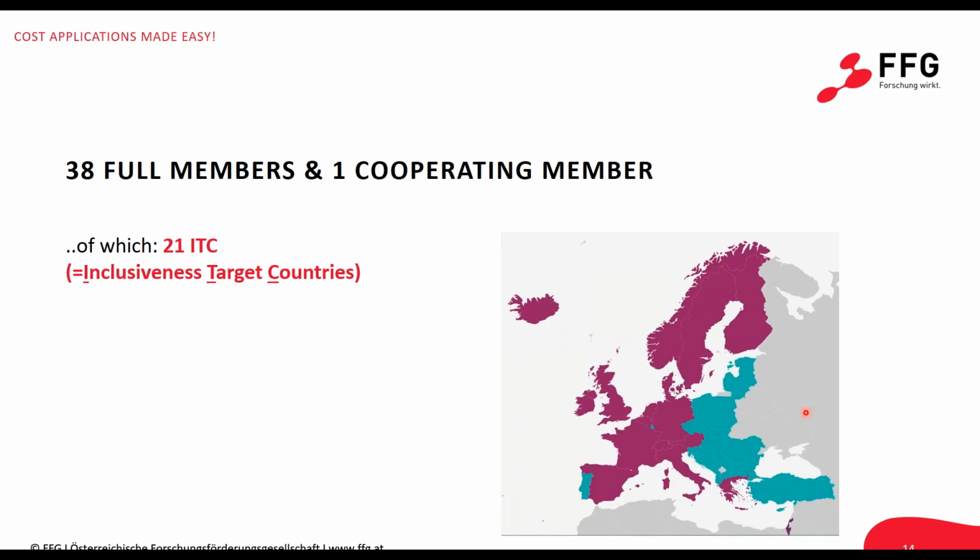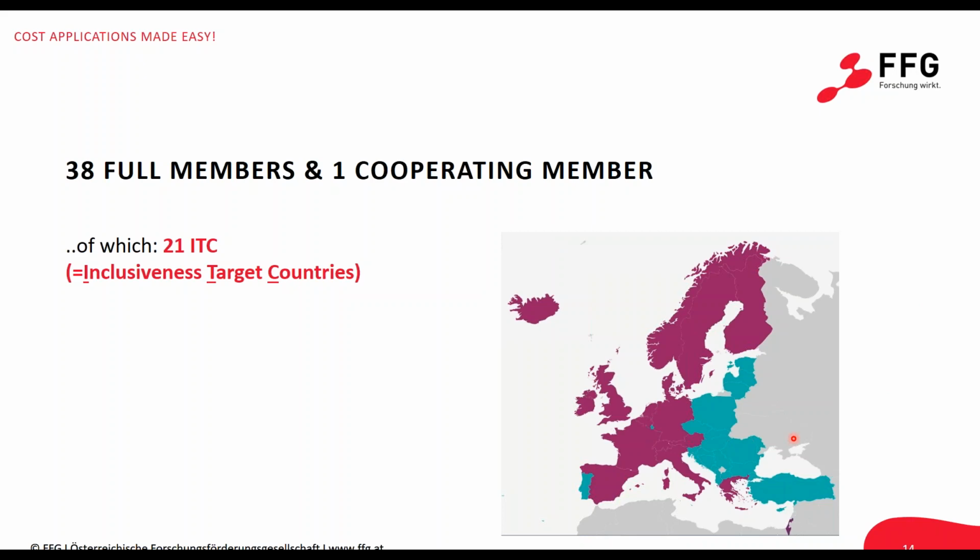And inclusiveness target country only means that, looking at the research investment on a national level, this is lower than the average of the full members. And there is a high focus of the COST program on these countries.